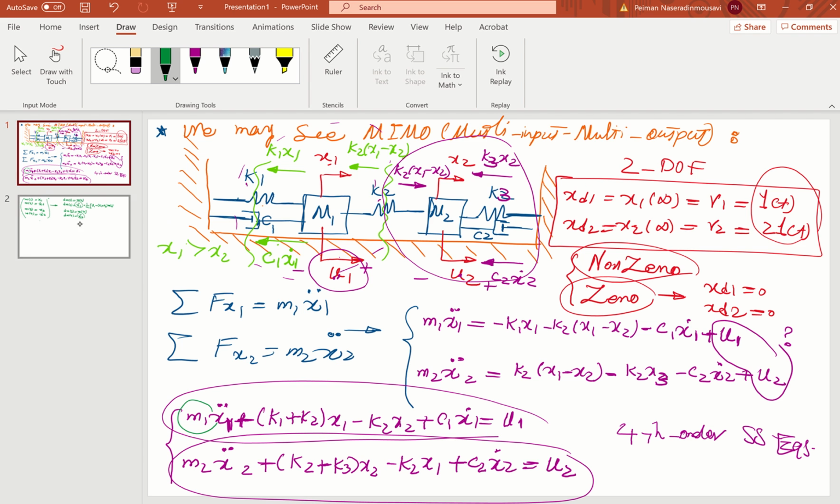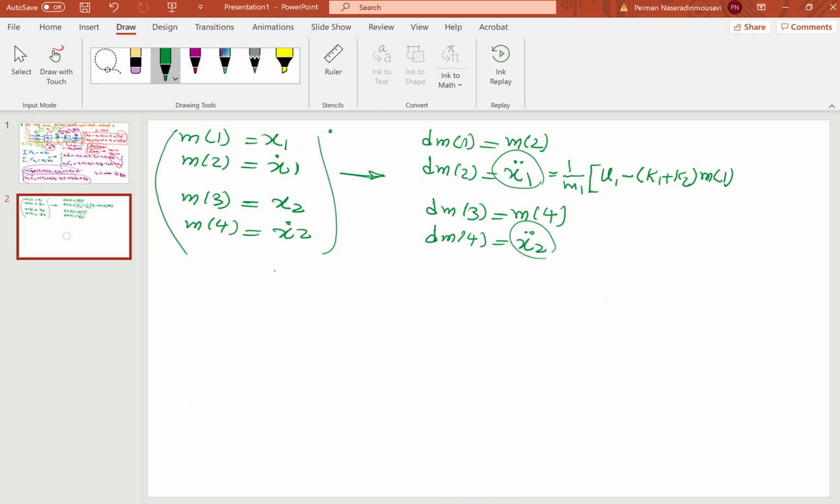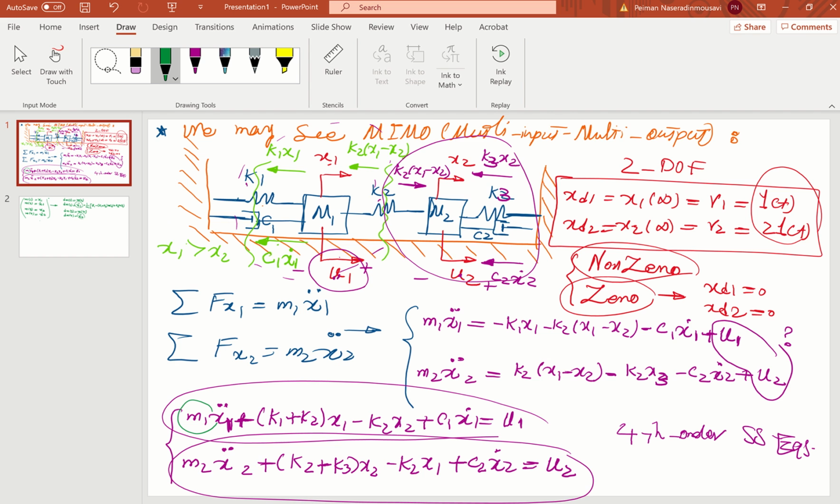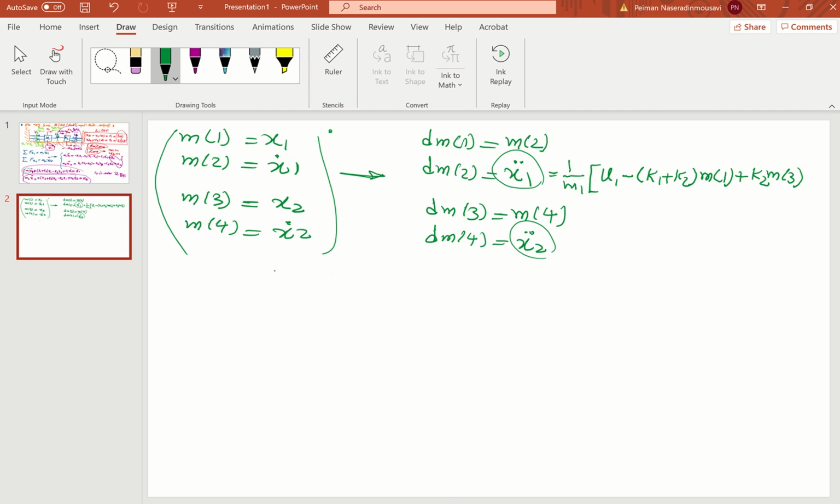Minus k2 x2, the other side is gonna be positive, so positive k2 x2. x2 is m3. See? And minus c1 x dot 1. X dot 1 is m2. So you see that our dynamics is now coupled because you have m1, m3, m2.